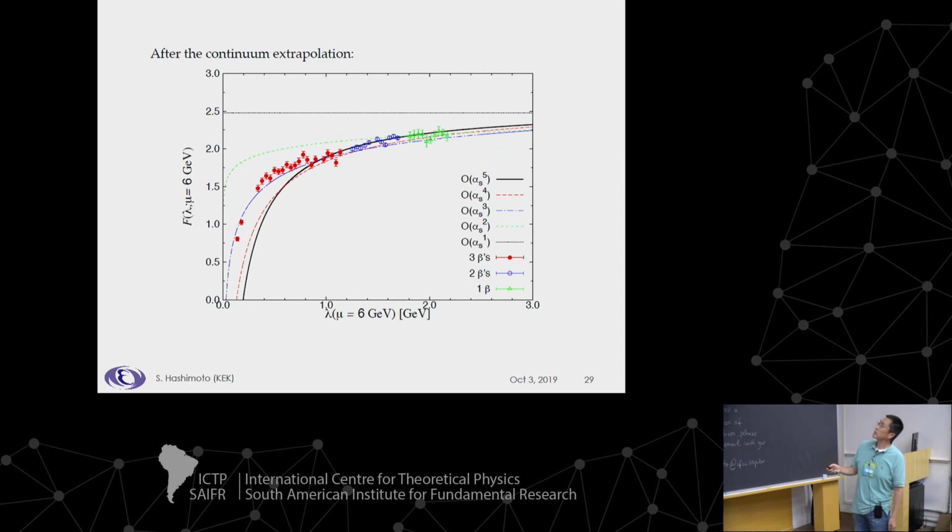So you can see that the consistency is very nice, up to around one GeV or above. But going down to several hundred MeV, you see the non-perturbative effect. That is another quantity where we can see the consistency between the lattice calculation and the perturbative calculation.